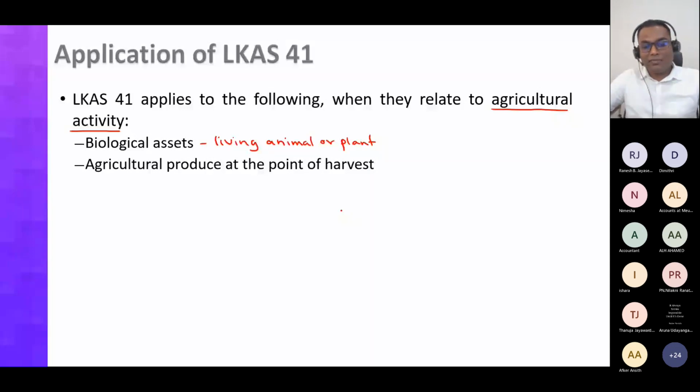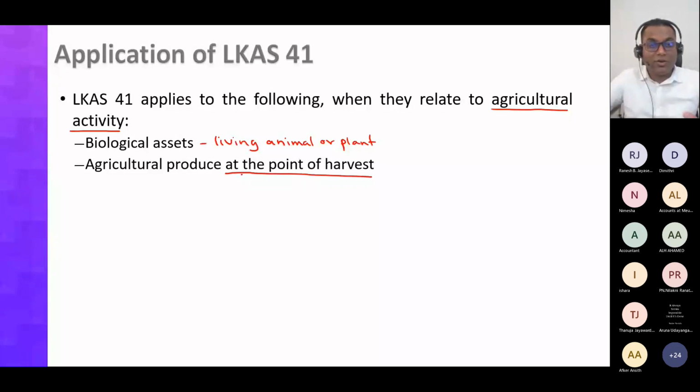If I take the example of a cow, a cow is a living animal, a biological asset. What do you mean by agricultural produce? Agricultural produce means the harvested product of this biological asset. What is the harvested product of the cow? Milk. So LKS 41 is applicable for this agricultural produce, milk, importantly at the point of harvest.